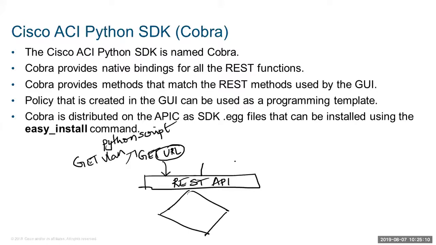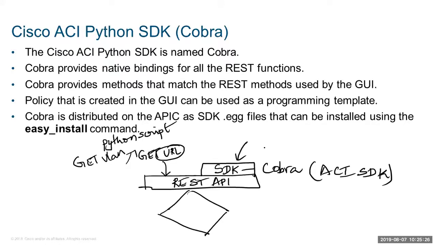Whereas if I had the software development kit called Cobra, my Python script would just say get VLAN. It doesn't have to say get followed by the URL. That's what it means when it says it provides the native bindings.